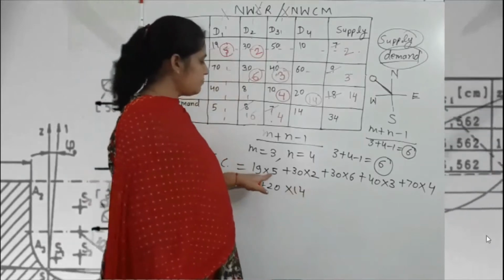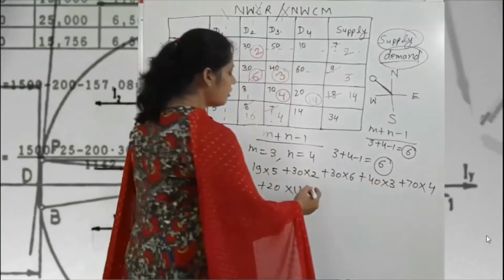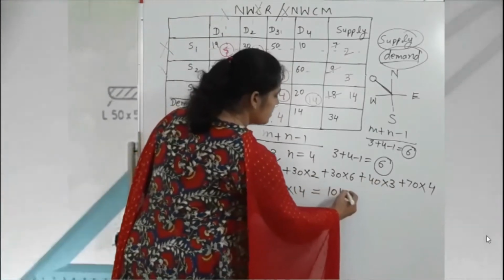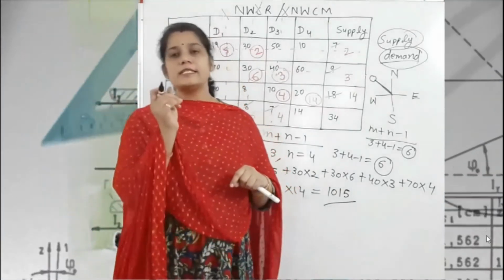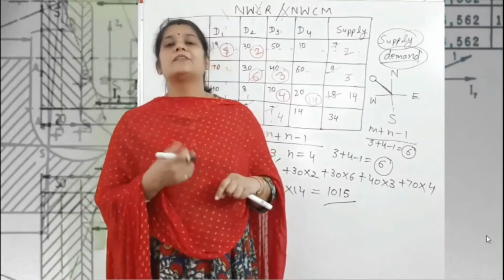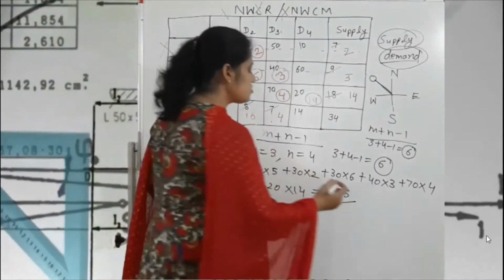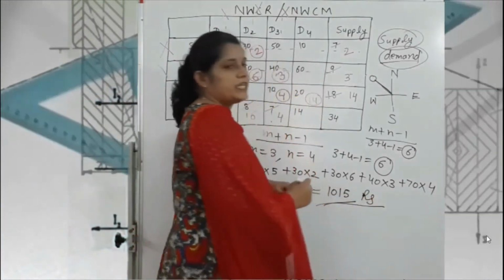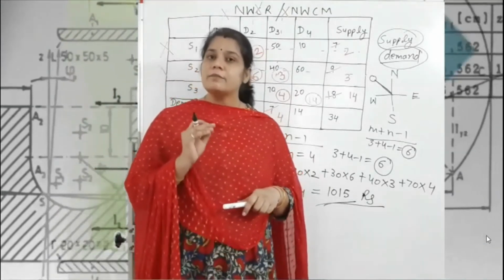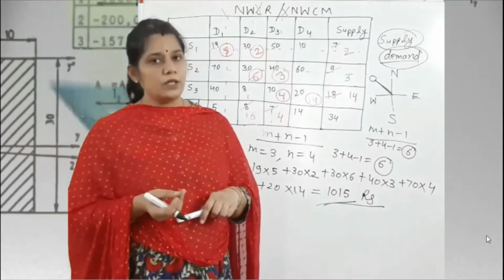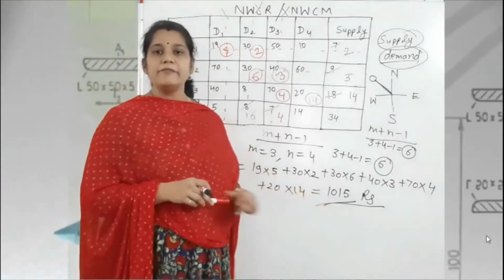First you check 1, 2, 3, 4, 5 and 6, total 6 allocations. Solve this and we get 1015. And if our question is given in rupees, you must write the unit here. So in this question, the total transportation cost with the northwest corner method is 1015 rupees.